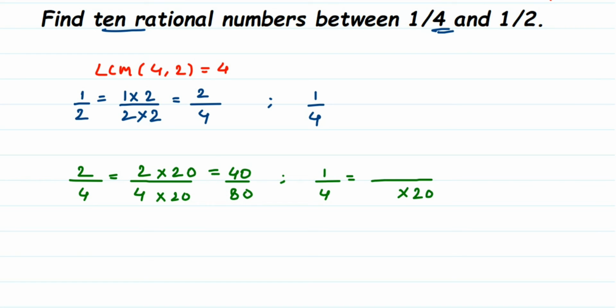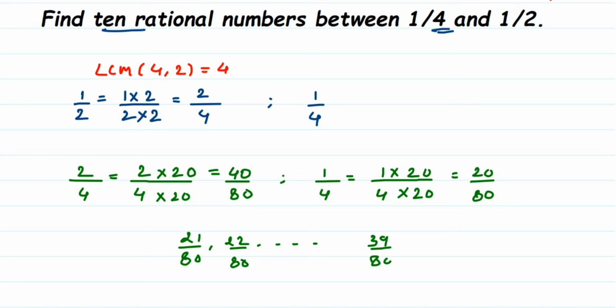So here 4 into 20 and 1 into 20, so this is 20 by 80. Now you can see that between 20 by 80 and 40 by 80, that is between 20 and 40, we have many numbers like 21 by 80, 22 by 80, and so on up to 39 by 80. Out of these, we can pick any 10 rational numbers and write them down. That's it. So I hope this one is clear.